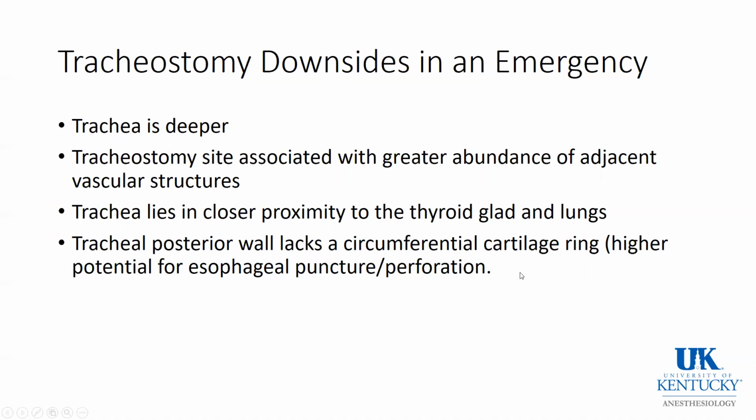So both of those things are at risk. And the tracheal posterior wall lacks the circumferential cartilage ring, which is a big deal. If you've watched a tracheostomy, you can see there's a whole lot of pushing and shoving with the dilator. When there's nothing rigid behind it, you get a higher potential for esophageal puncture and perforation.